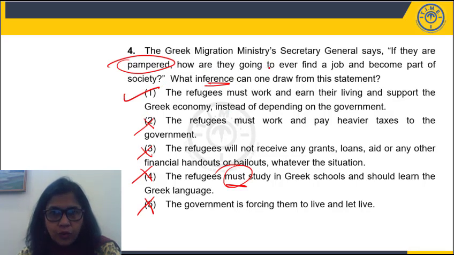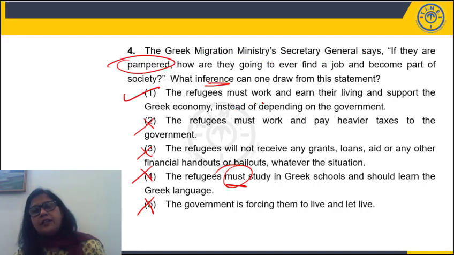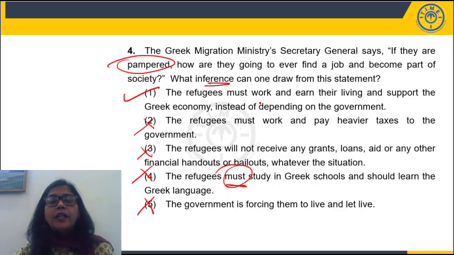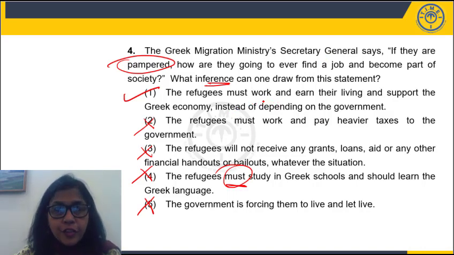From this quote by the Greek Migration Ministry Secretary General, we can infer that it's time that the refugees, yes, work and earn their living, become self-sufficient, support the Greek economy instead of depending on the government. Who is pampering them? The government, right?